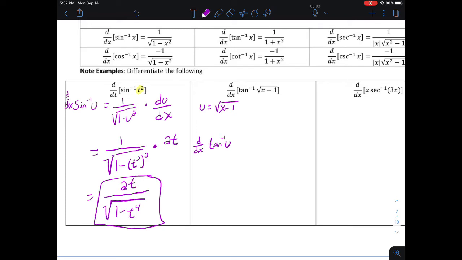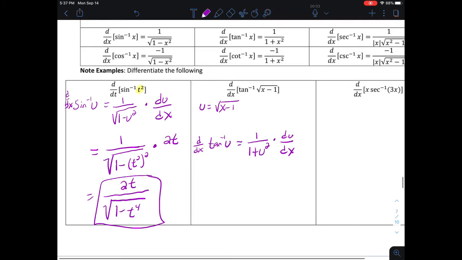Which means when you did the chain rule, that would be 1 over 1 plus u squared times the derivative of u with respect to x. You can do it this way.